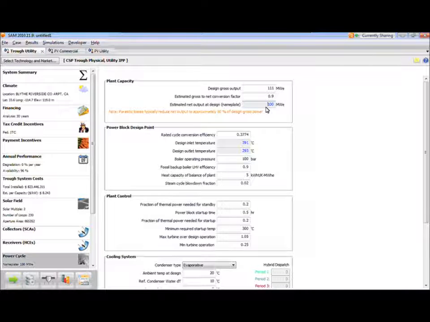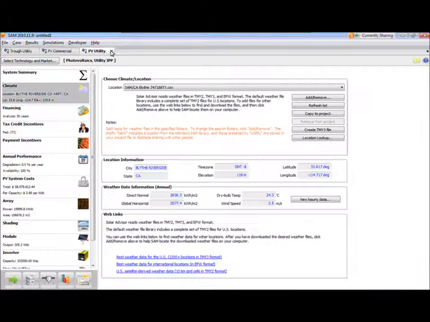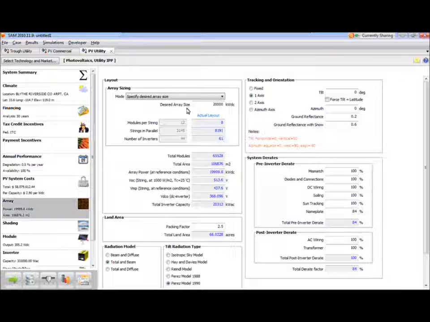So here it is 100 megawatts is the nameplate capacity. So I want to build a 100 megawatt PV system, and to do that, I go to the array page and put in 100 megawatts as my desired array size.